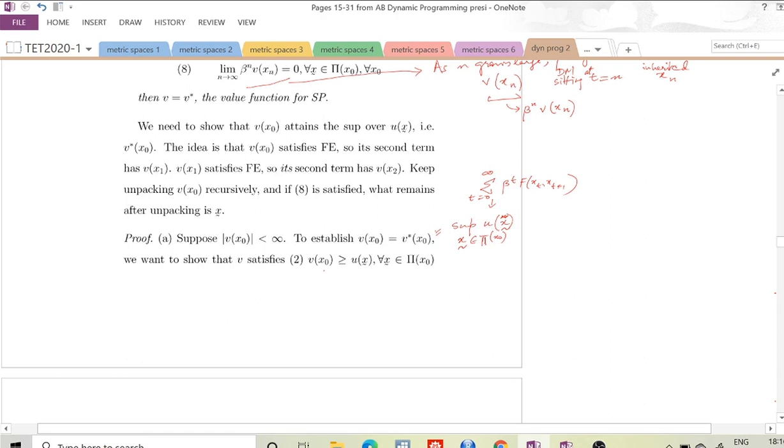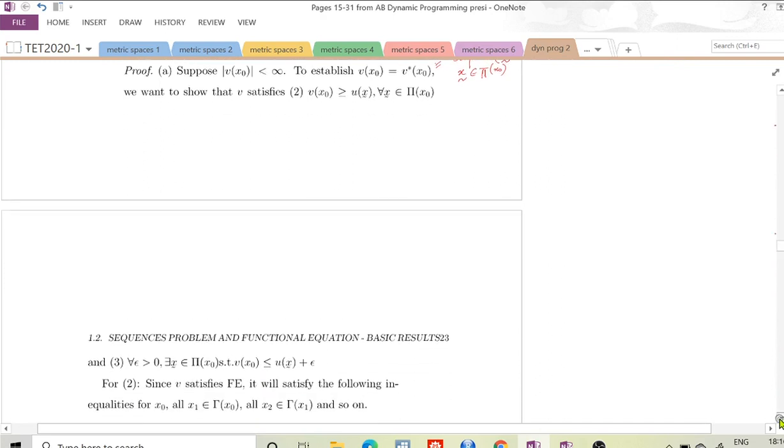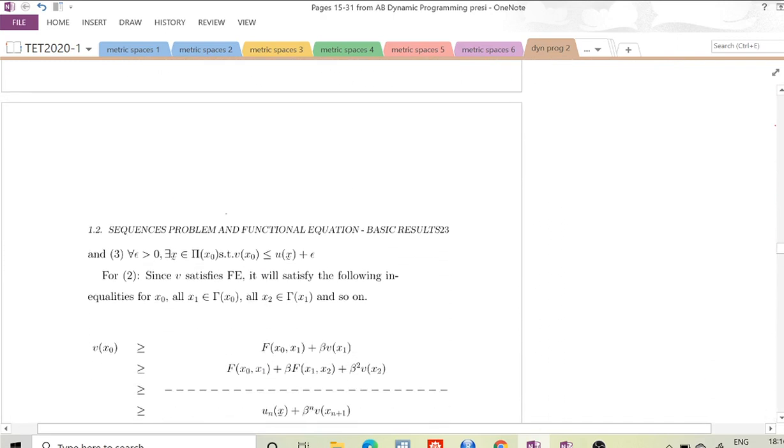We show first and foremost that V of x naught must be greater than or equal to U of x tilde for all these feasible plans starting at x naught. And we also show that if we take any epsilon greater than 0, even a very small epsilon, a vanishingly small epsilon, we'll find an x tilde such that U of x tilde is so close to V of x naught that when we add epsilon to it, it's greater than or equal to V of x naught.